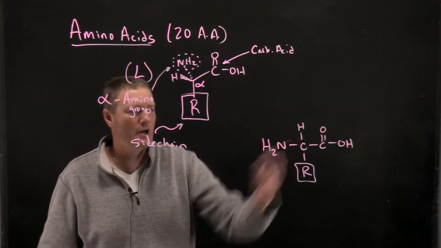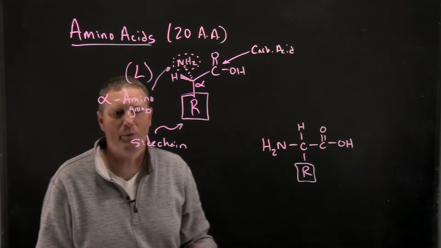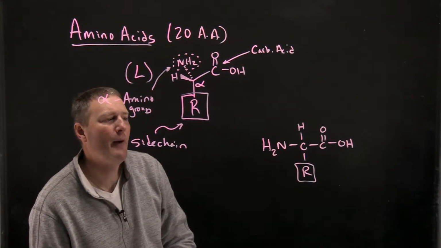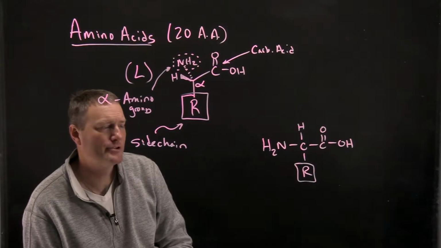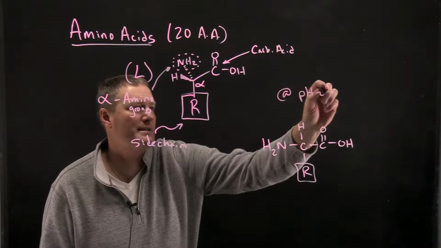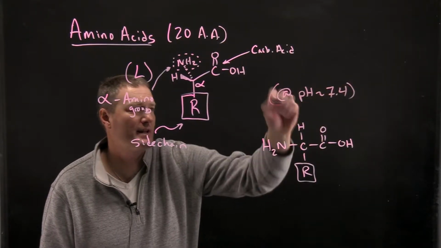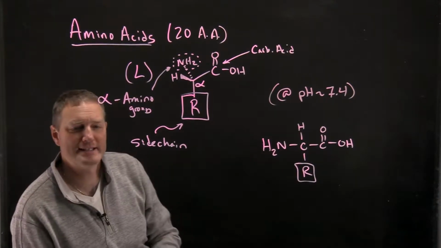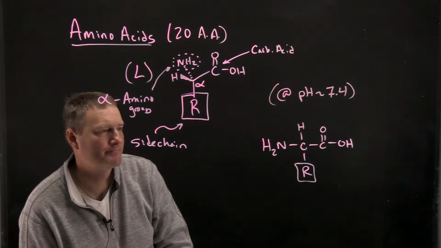If you were to just draw a generic amino acid, not worry about what pH this is or its protonation state, you might draw it like this. However, at physiological pH, approximately pH 7.4, this amino group and this carboxylic acid will exist in a different protonation state.